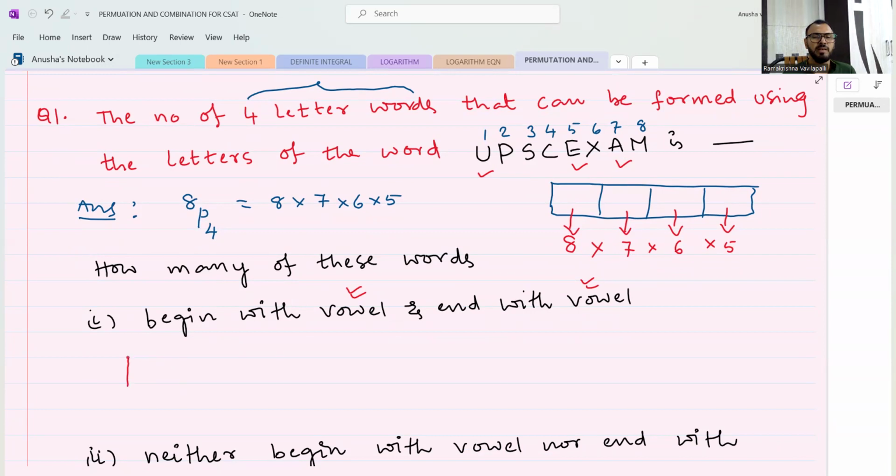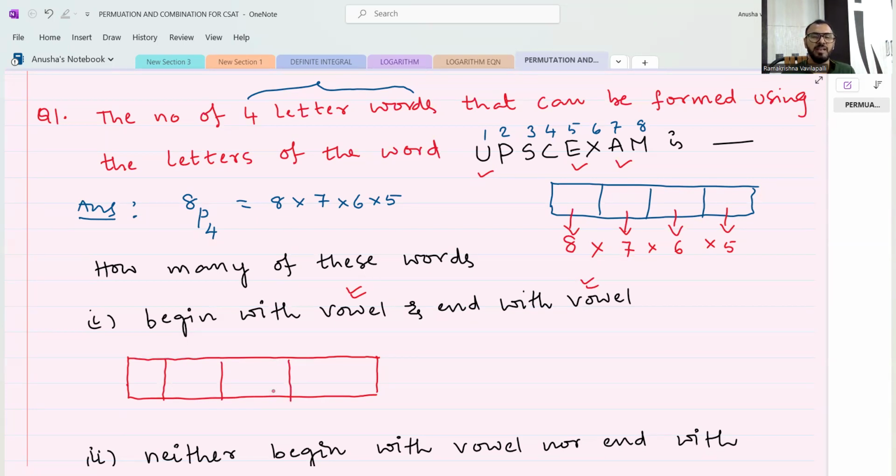The box method is a very powerful tool to solve permutation problems effectively. 4 boxes, 1, 2, 3, 4.